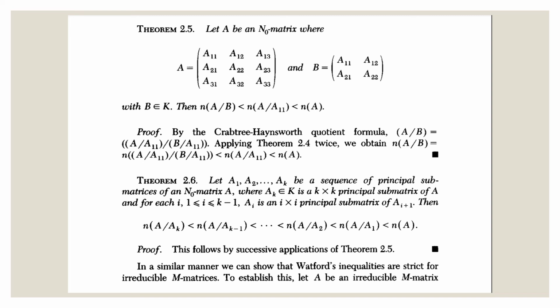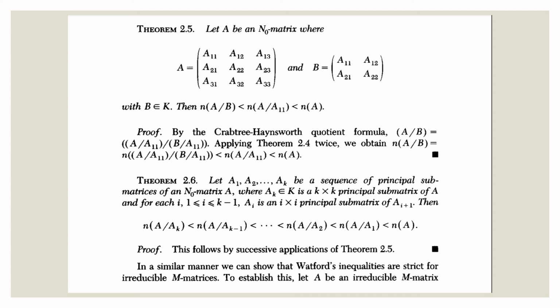Then n of A/B is less than n of A/A11, which is less than n of A. Proof by the Carpentry-Heisenberg-Courant formula, A/B equals (A/A11) divided by (B/A11).